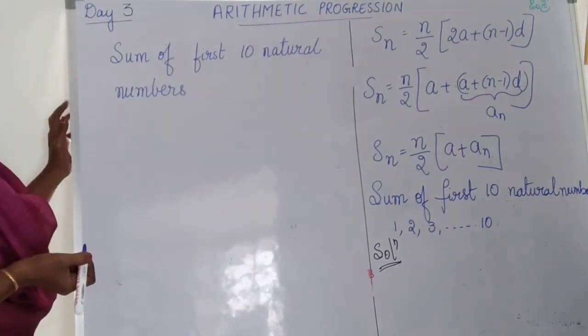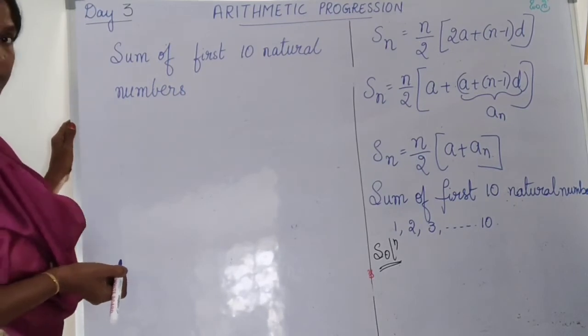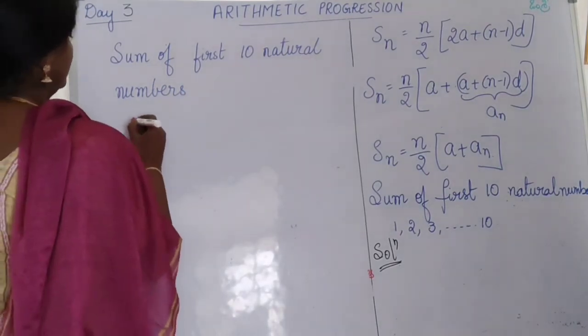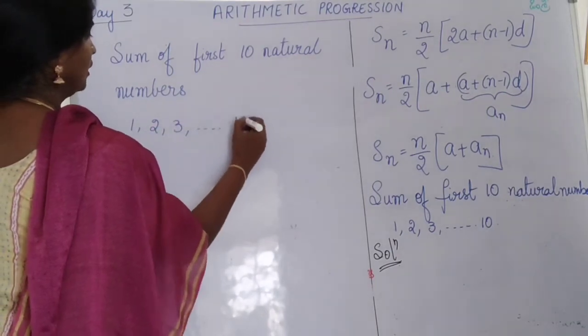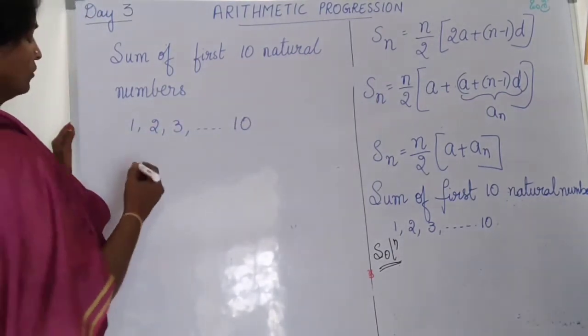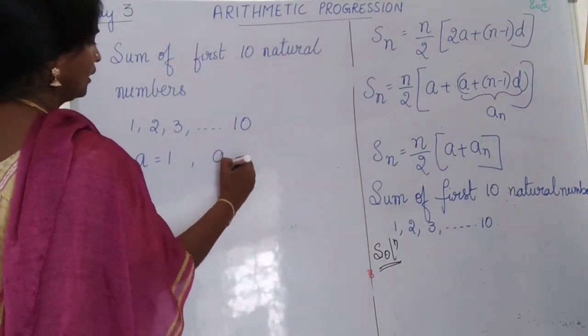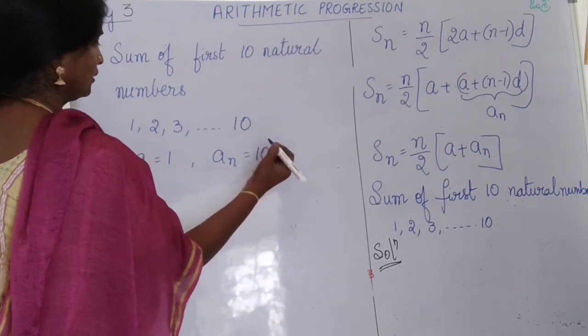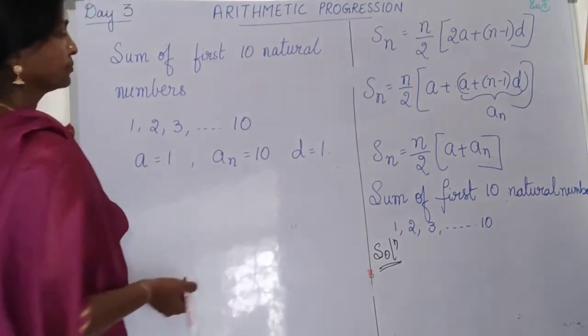So for finding the sum of the first n natural numbers, identifying the data, we have 1, 2, 3 and so on till 10, where a is equal to 1, an is equal to 10 and the value of d is equal to 1.